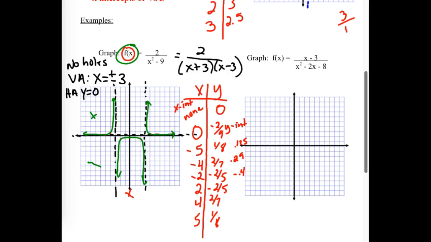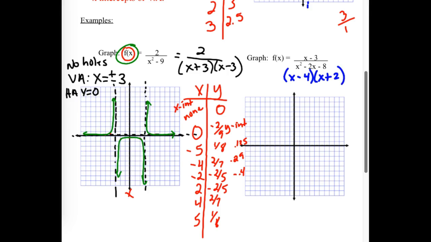Okay? All right. Looking at our last problem on this page, is there anything that can be factored? The bottom, what would it factor into? Okay.